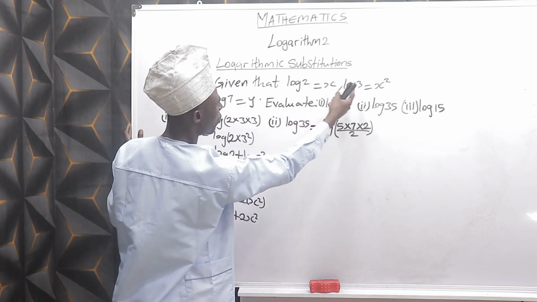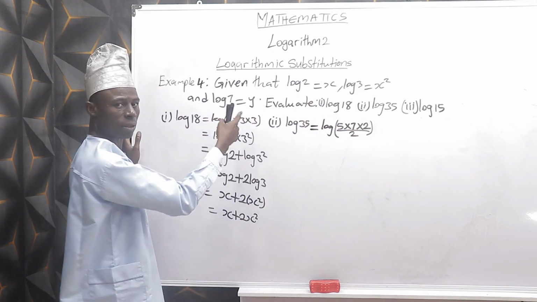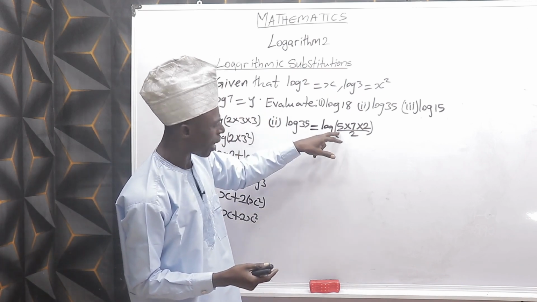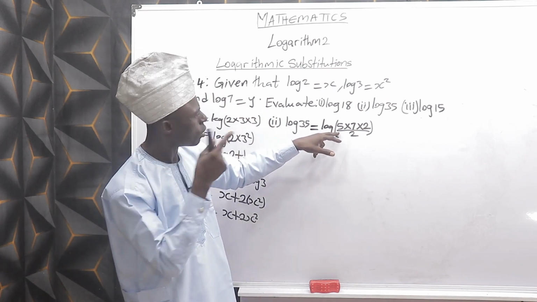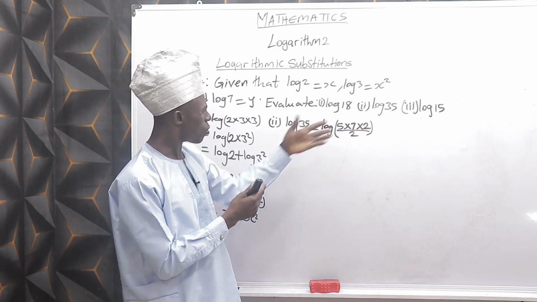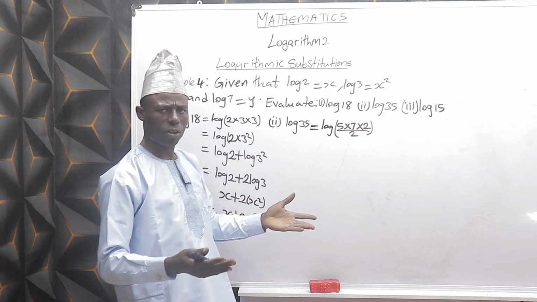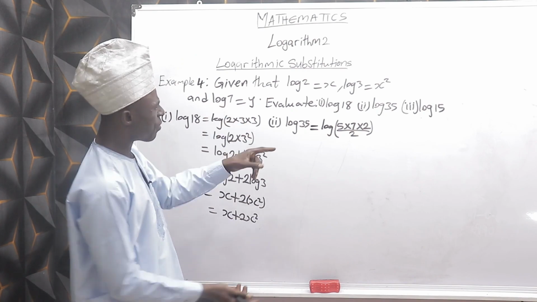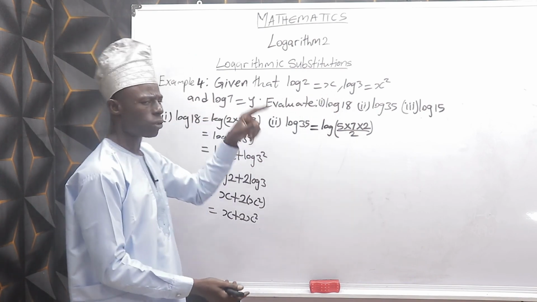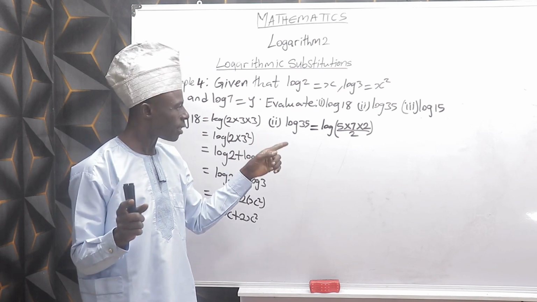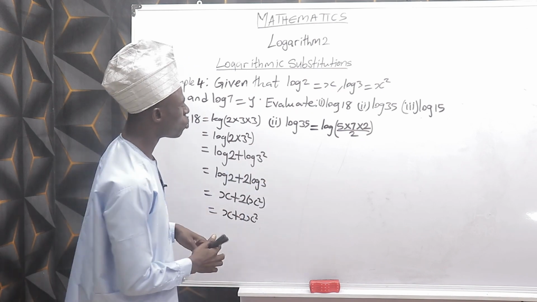Given logarithm 2, given logarithm 3, given logarithm 7. I look at one of them that I can use to manipulate the 5 that is strange to us. 5 here is inevitable. There's no way you break 35 into factors that you will not have 5, 5 times 7. But 5 is not part of what is given to us, and we cannot use what we are not given in this case. So what are we going to do?